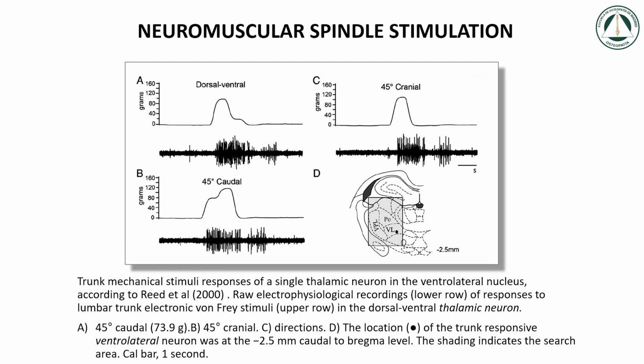A, 45 degrees caudal, 73.9 grams. B, 45 degrees cranial. C, directions. D, the location of the trunk-responsive ventrolateral neuron was at the -2.5 mm caudal to bregma level. The shading indicates the search area.